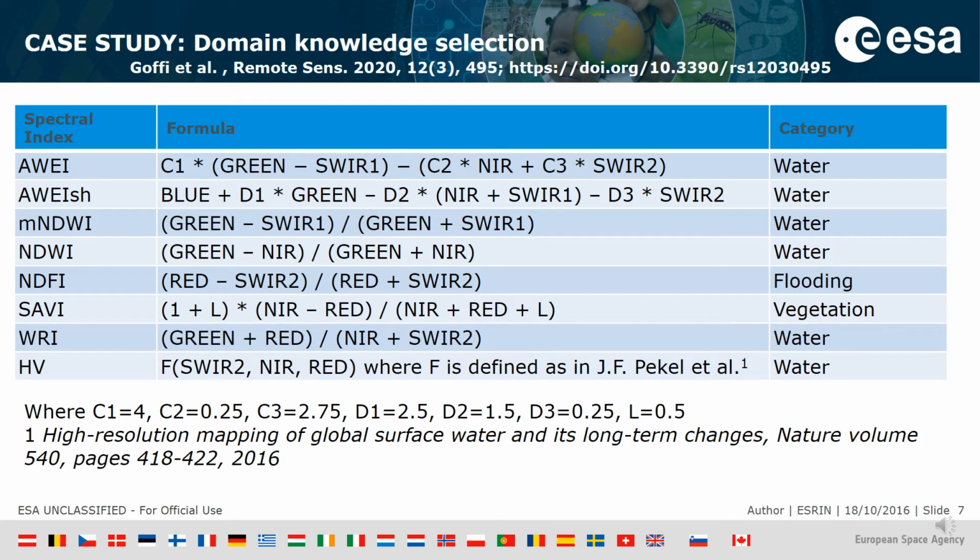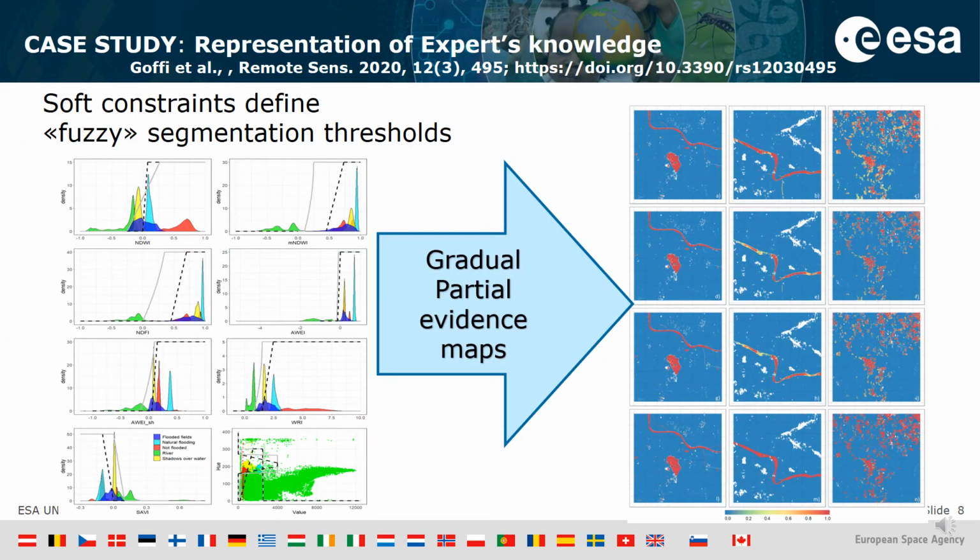The first activity was to select the domain knowledge. We selected 8 models, 7 of them computing different spectral indexes from optical images, and the last one using the hue dimension of the color space. Then we engaged 2 different experts to define fuzzy segmentation thresholds on the spectral index maps to generate gradual partial evidence maps for each spectral index and for each input model.